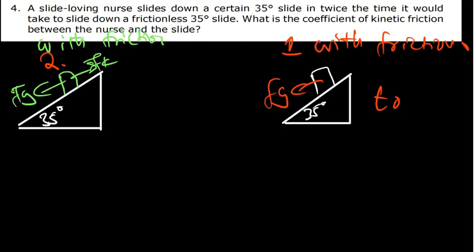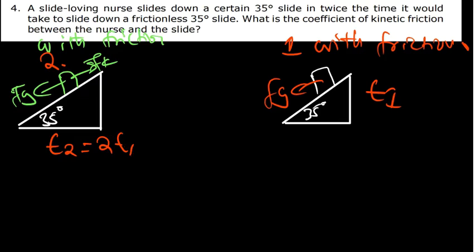Let me put t1 here, meaning the time 1. They're saying that this time has to be twice when there is no friction, meaning that the time for 2 is going to be 2 times t1.